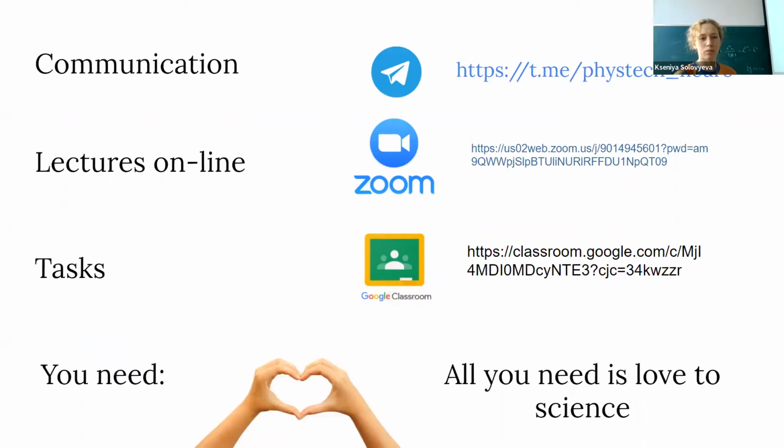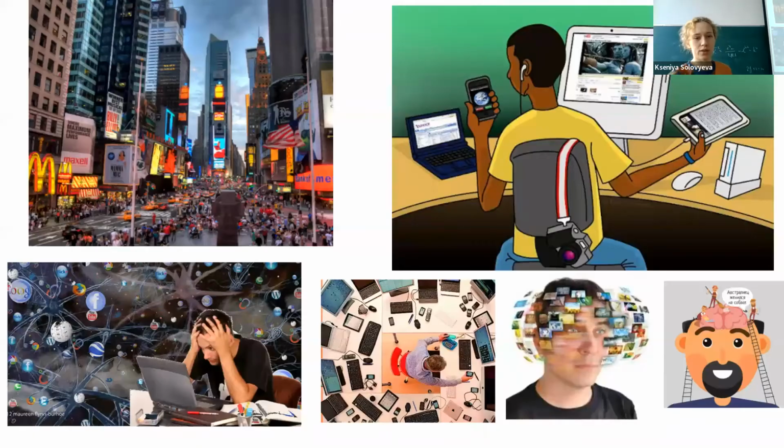Okay, and you know the stuff. So, as for me, I think that in our world full of advertisements and full of different information, when we have got computers and phones and internet, we don't need memory anymore.